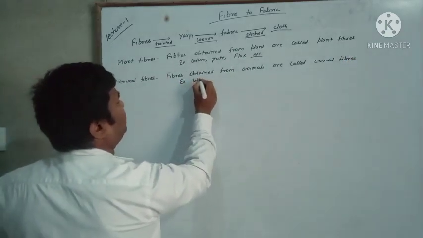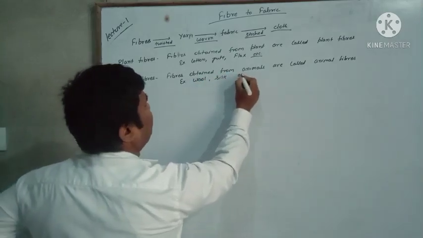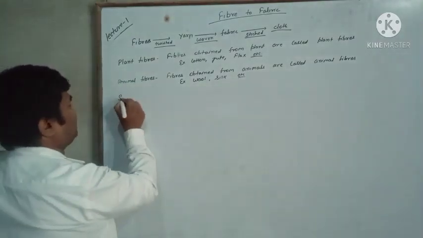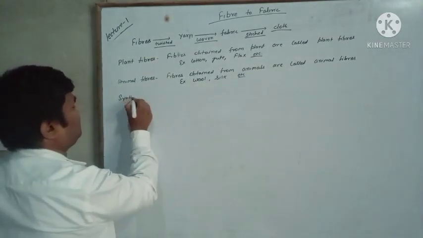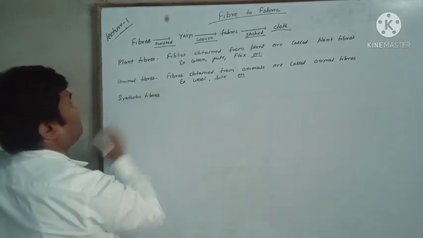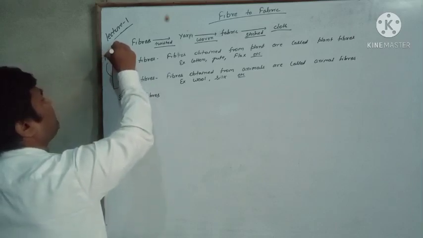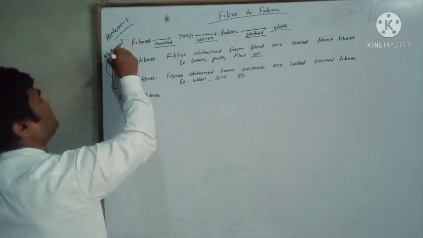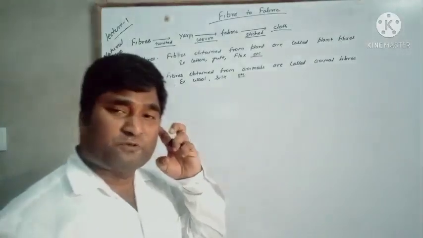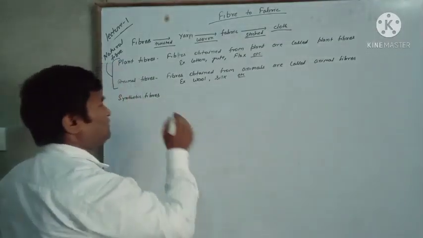Examples: wool, silk, etc. Next is synthetic fiber. One more thing, plant and animal fibers are called natural fibers. They are obtained from nature. So natural fiber is of two types: plant and animal source.